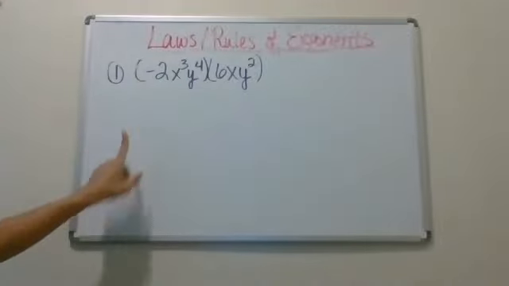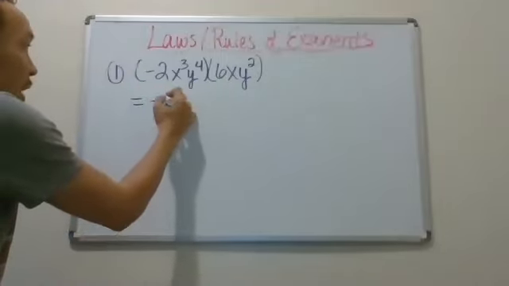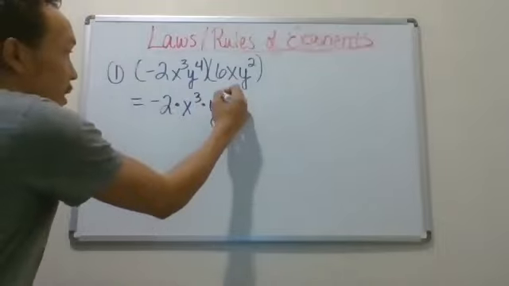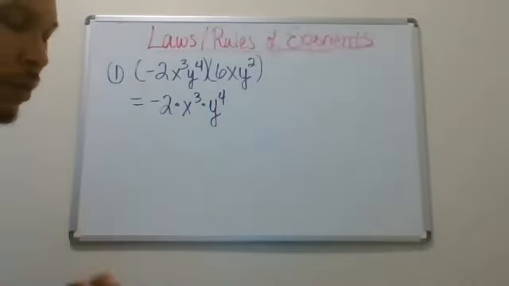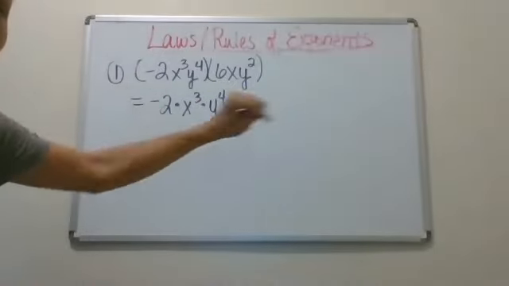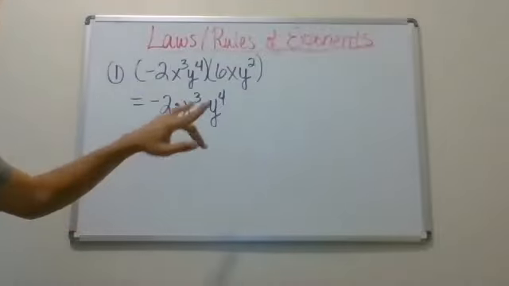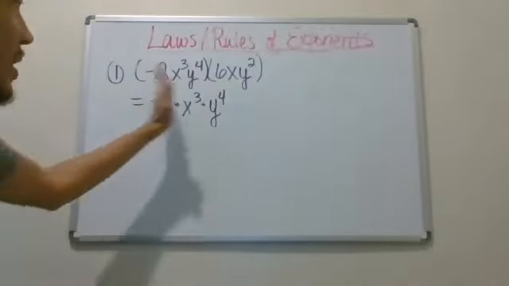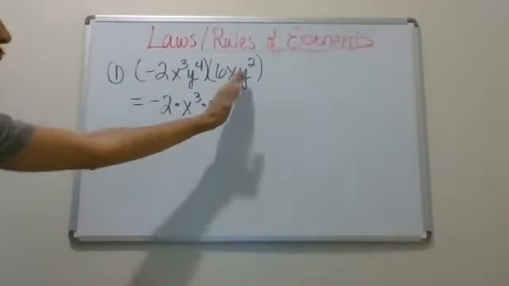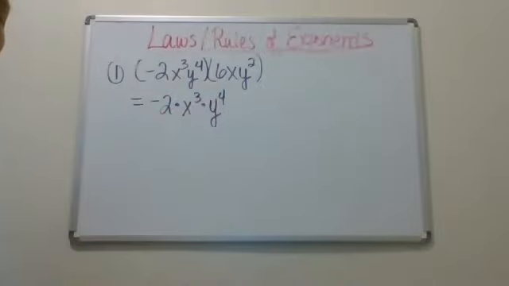So we can drop the parentheses and multiply all of these terms together, because these two expressions are being multiplied together. So we can just drop the parentheses and multiply straight across. This gives me -2 times x to the 3rd times y to the 4th.